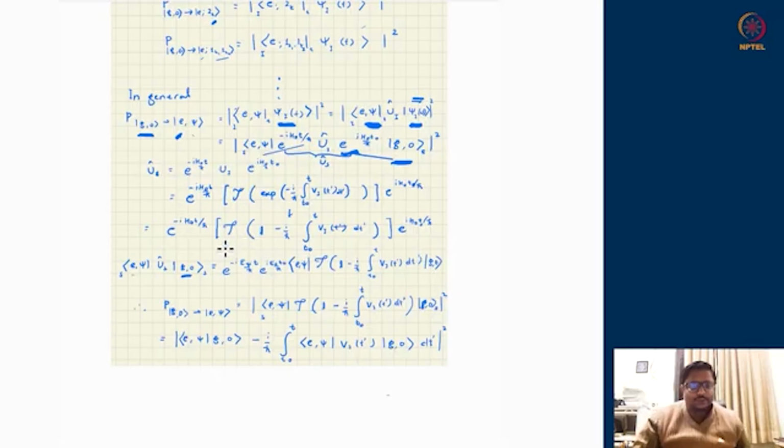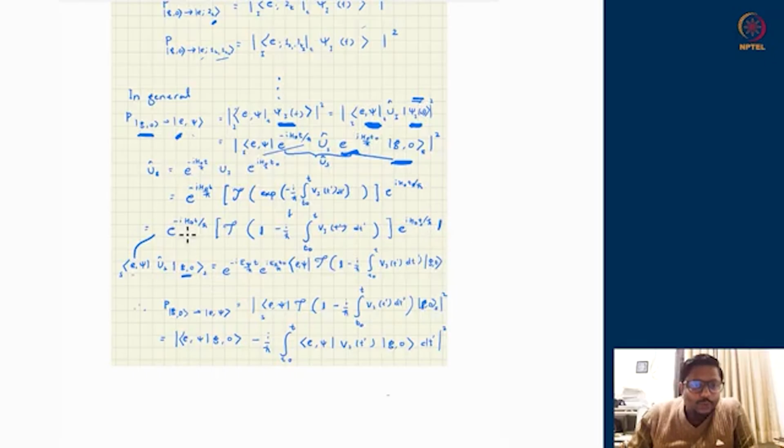So let us first squeeze it between these two states of interest, and then we will do the mod square. When I squeeze it between E psi and G0 from left and right, this E psi will sit on the left side, while this G0 will sit on the right side here.